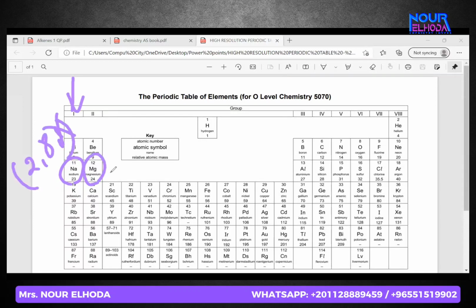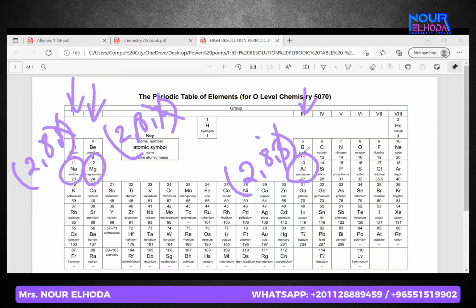If my element is magnesium, 2, 8, 2, for sure it will lose 2 because it's in group 2. If it was aluminium in group 3, 2, 8, 3, for sure it will lose 3.